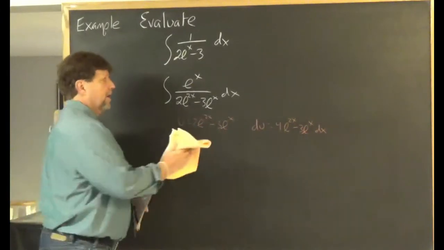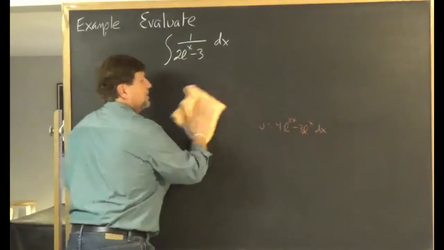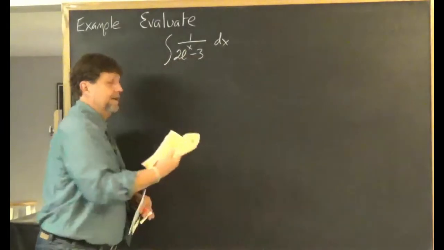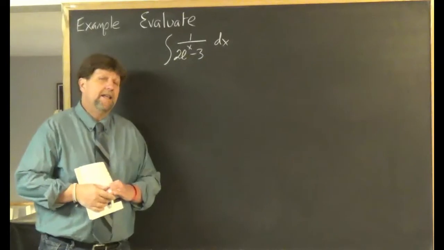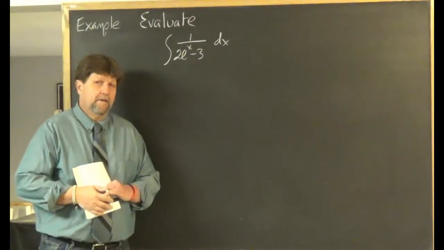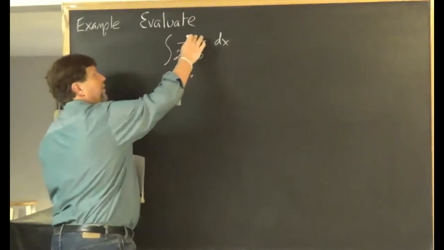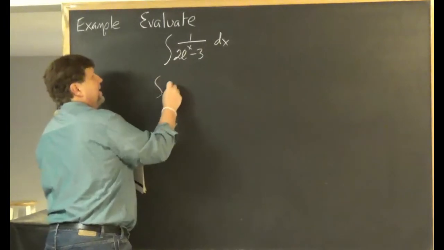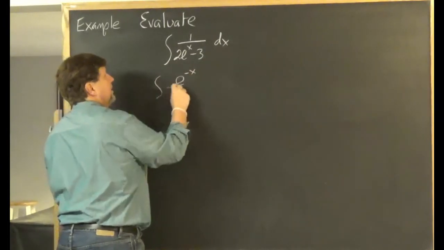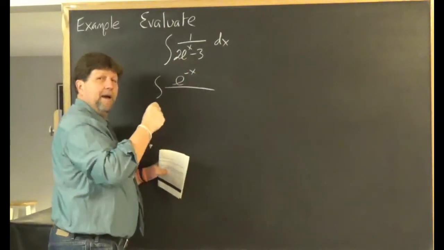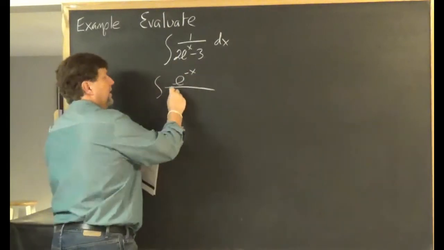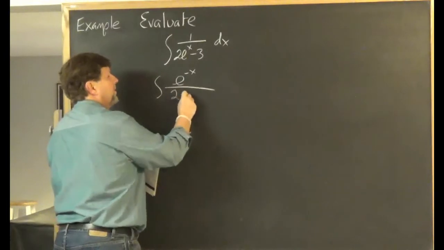But what will work is multiplying the numerator and denominator by e to the negative x. When 2e to the x gets multiplied by e to the negative x, you're left with just 2.